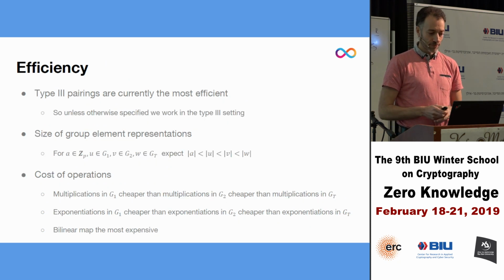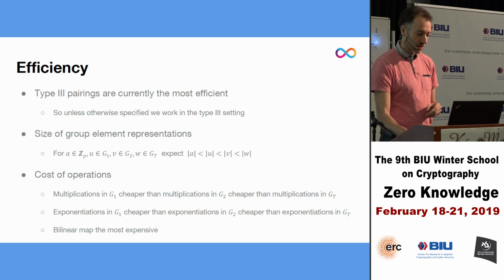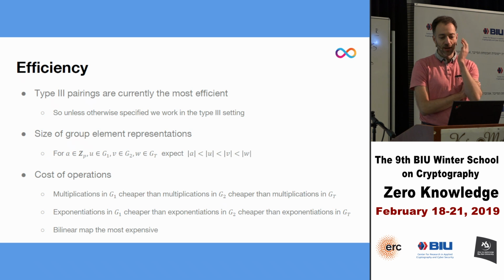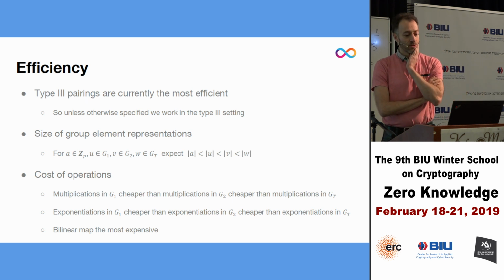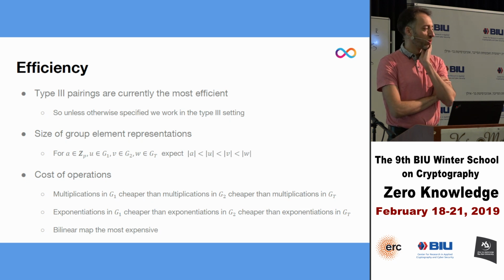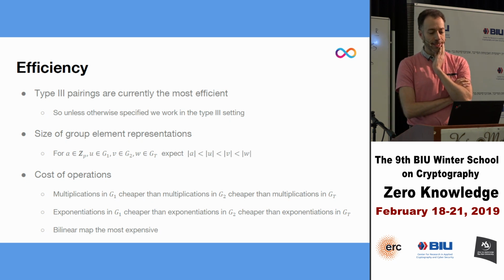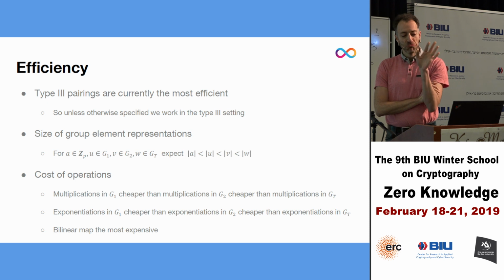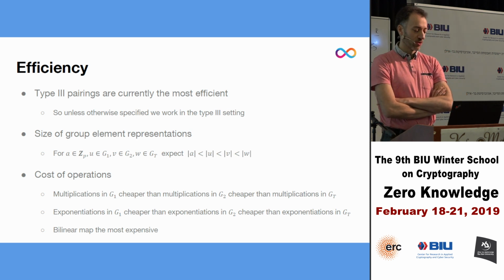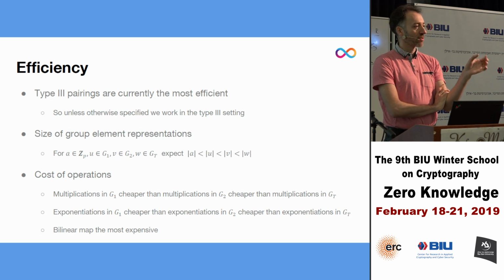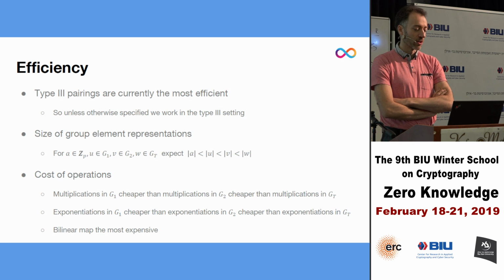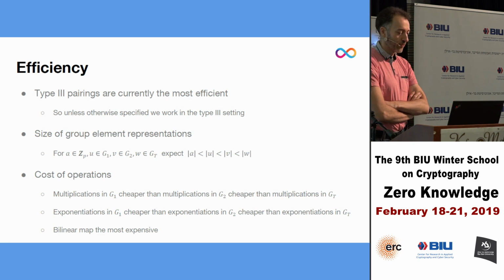Okay, and in this setting here. So typically what we have then is, if we think of field elements modulo p, then they're typically smaller than any of the group elements. And then usually you consider G1 to be the smallest of the groups. So there you have more compact group element representation than in G2, and the worst one is GT.